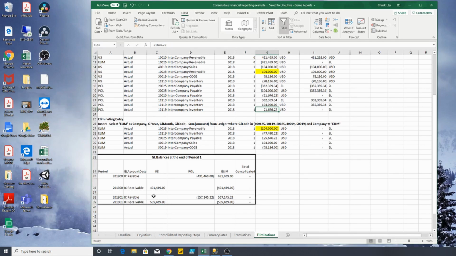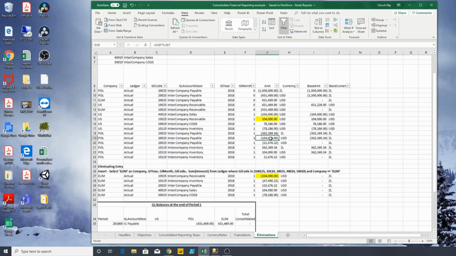The reason why we've got this reconciling difference between the two business units is that when we received in the product at 369.34 for the zloty, and then created our payable for US dollars at $104,000, this was a revaluation that took place within the ERP instance, the Polish ERP instance itself.